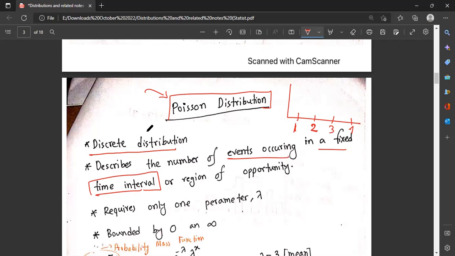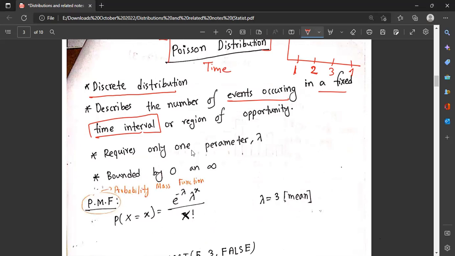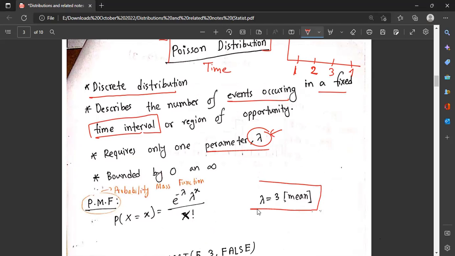There is some fixed time interval. So Poisson distribution is related to time. And it requires only one parameter, that is lambda. You can think of lambda as a mean, and it's bounded by 0 and infinity.